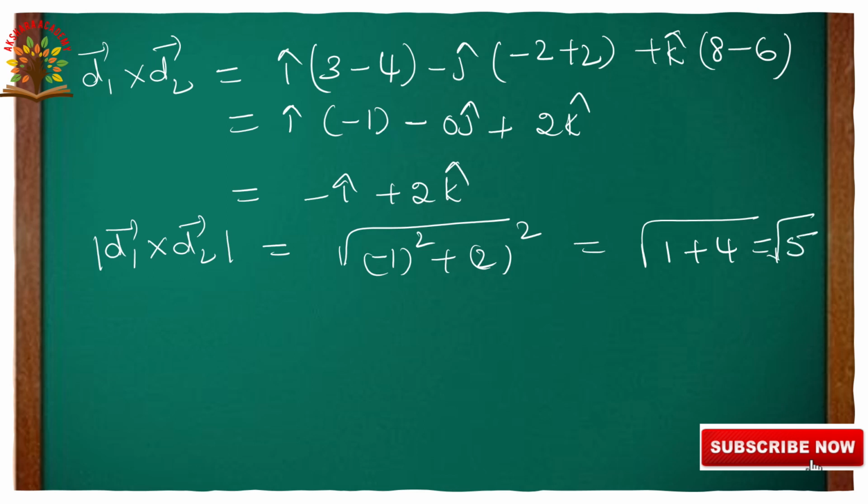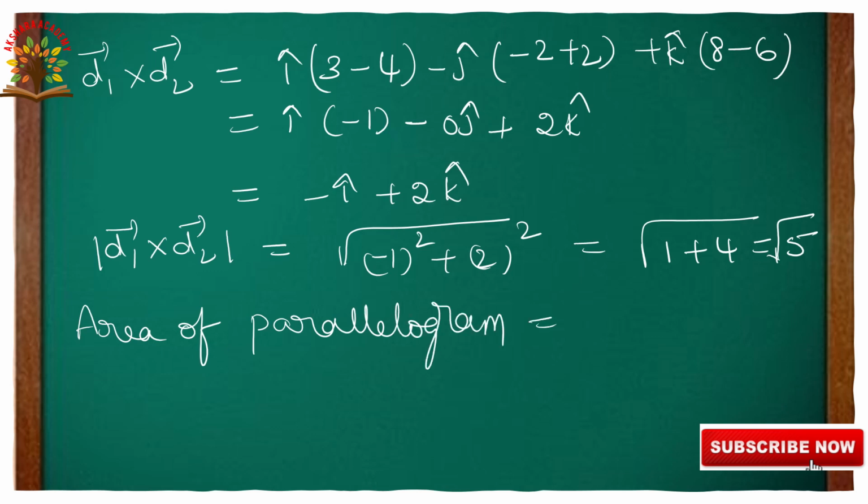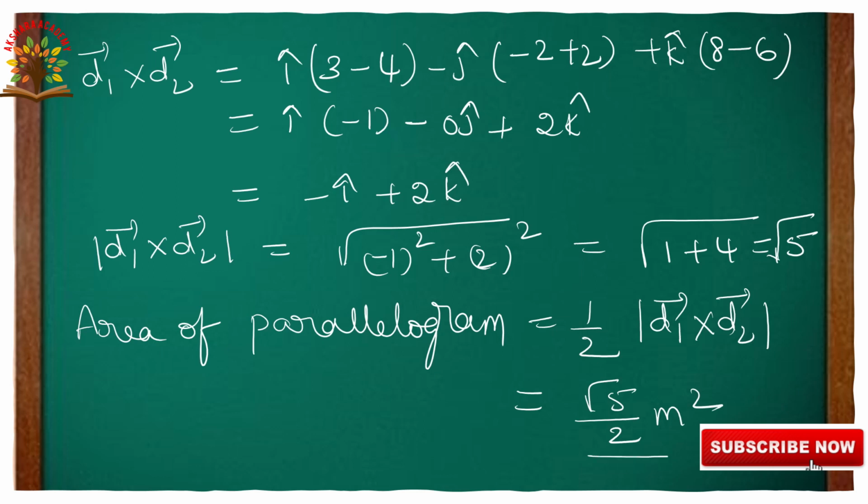So the area of the parallelogram is equal to half modulus of d1 cross d2 bar, that is root 5 by 2. This is the area of the parallelogram, root 5 by 2 meter square. Okay. Next we will go to the next question.